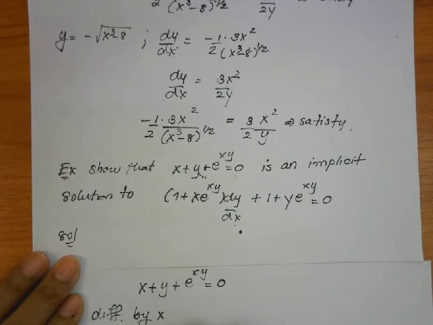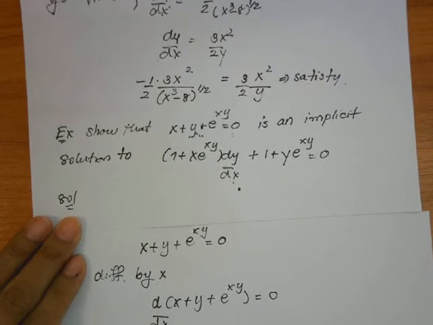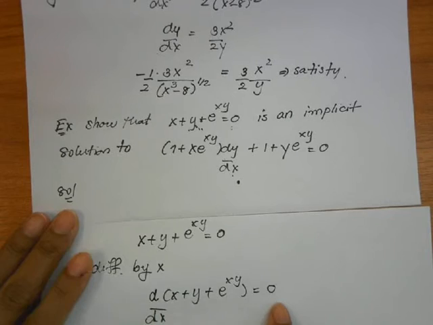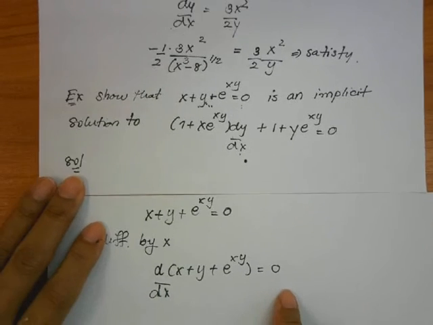So we get d by dx of x plus y plus exponential of xy equal to 0. We are going to use this definition. Differential has a distribution property, so you just distribute it in there.